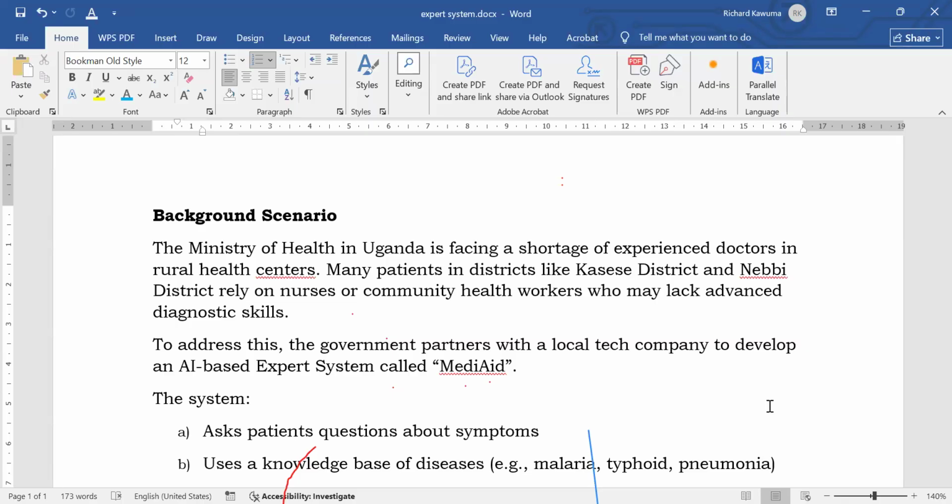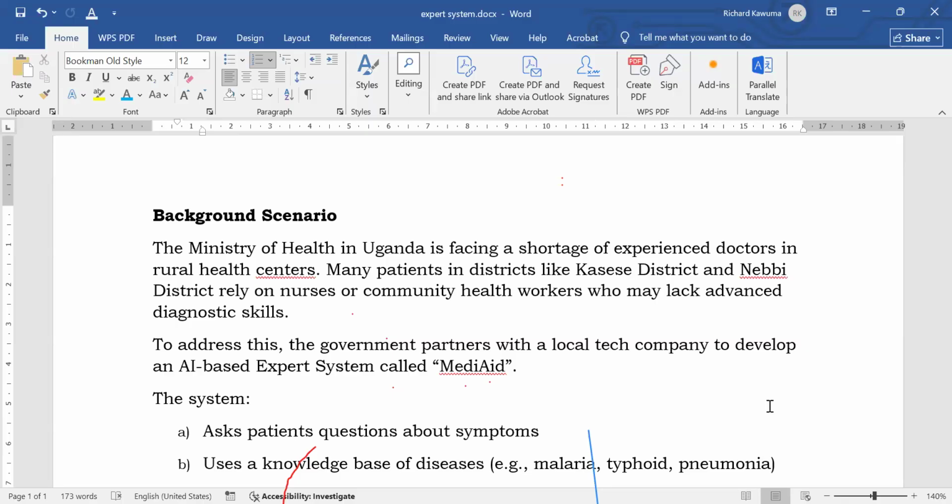I said we have just completed the topic on expert systems, right? And because exams are coming, people don't know how exactly the questions are going to be set and how they are to be answered. So I brought one scenario question to show you how the exam questions will be set and how you can get the answers from your notes.